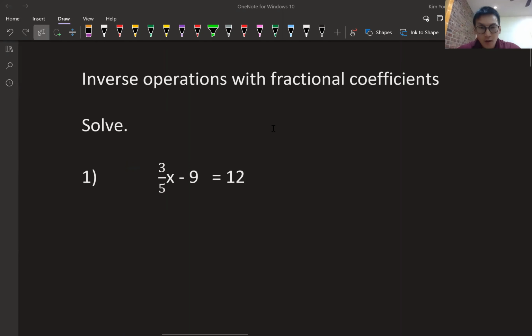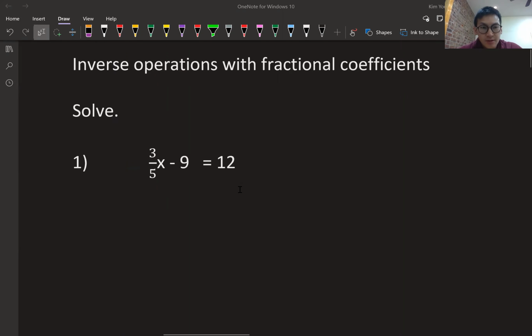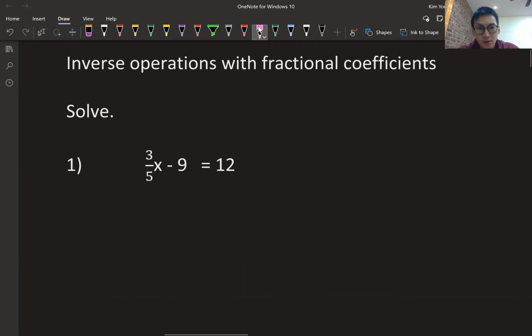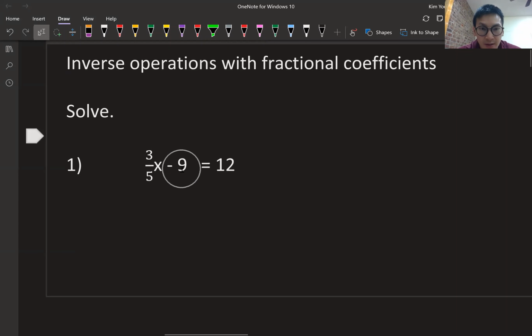Okay, so in this example here, we're going to solve for x. There are a few ways of doing this. Let me show you the fastest way first. Very similar to the stuff that we did in class, you're trying to get this x alone. So you have to get this -9 out of the way in this 3/5 times x.